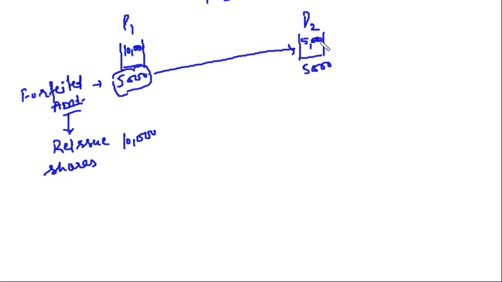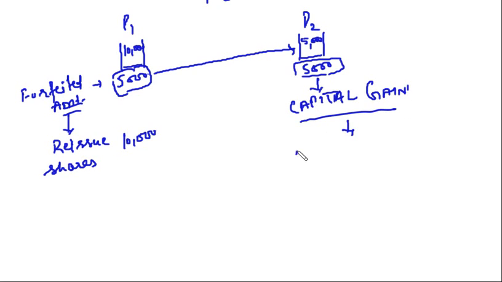This is in case of reissue only. If you are reissuing the shares, then this amount will be transferred. Otherwise this amount will not be transferred. Clear? Then I told you whatever is lying in pocket 2 is your capital gain, and this amount will be transferred to an account called capital reserve account.